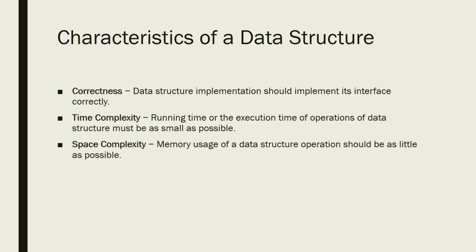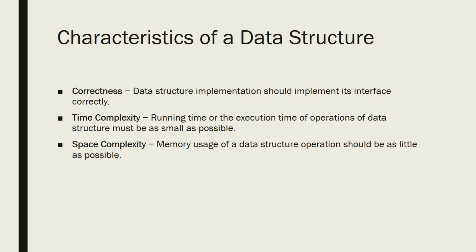Now, what are the characteristics of a data structure? We have correctness, time complexity, and space complexity. Regarding correctness, the implementation should implement its interface correctly. Next is the time complexity. This refers to the running time or execution time of operations of the data structure.